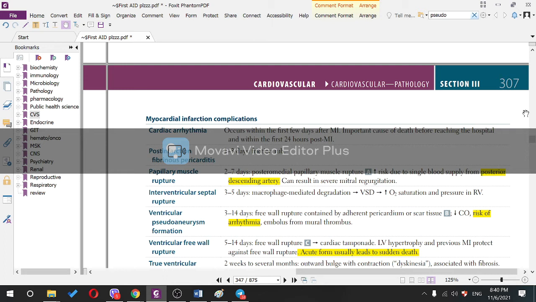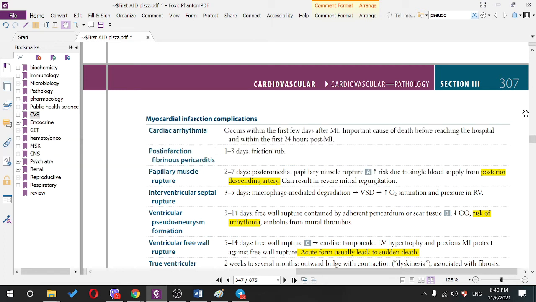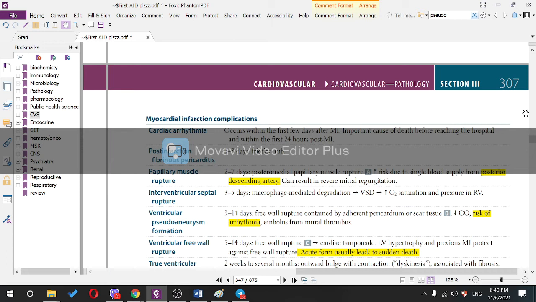That's the idea. The posteromedial one only has a blood supply from the PDA, the posterior descending artery. While the anterolateral one has a blood supply from the left circumflex in addition to the LAD. So two in one.